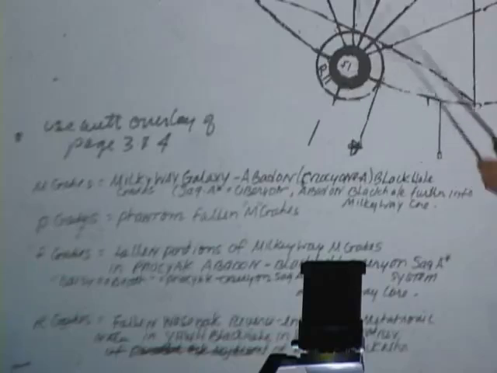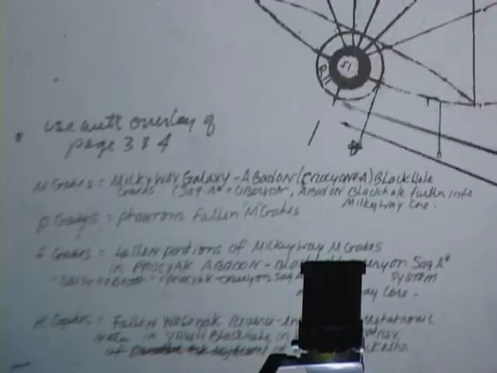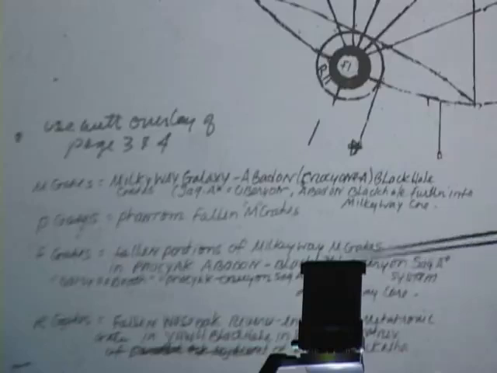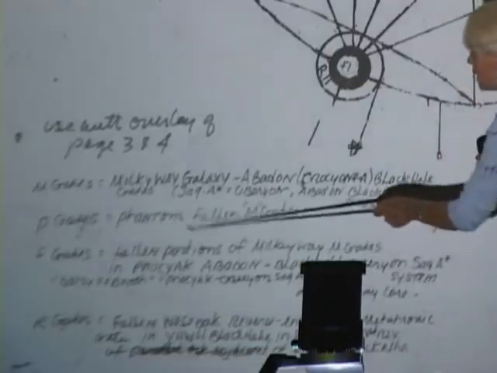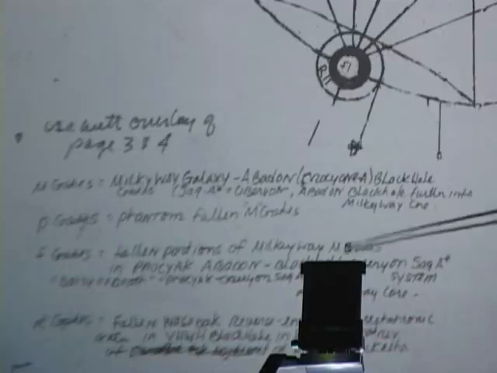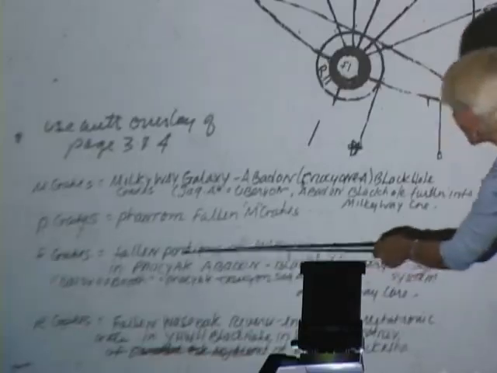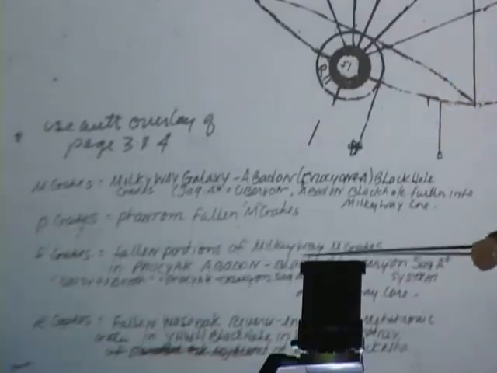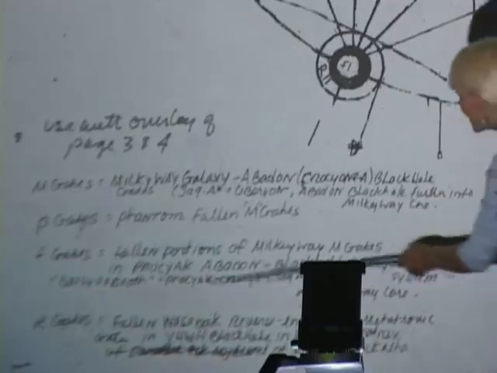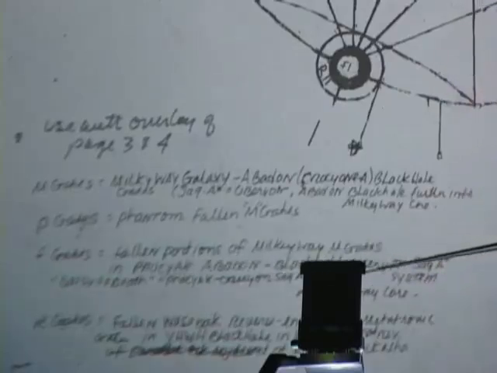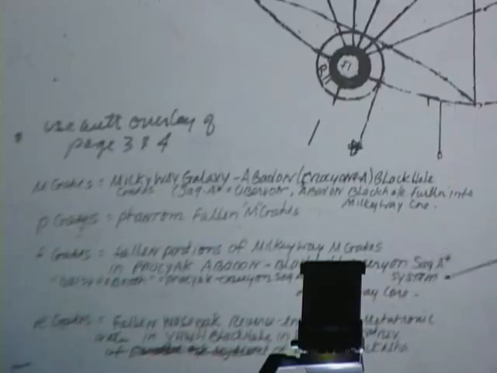The M gates are the ones that correspond to stars and grids that are connected into there. Then we have P gates. These are phantom fallen M gates, which means they're reversed, but they're still on this side and have not been pulled in yet. Then we have F gates. These are fallen parts of Milky Way M gates in the Procyon Abaddon black hole system, Oberon Sagittarius A system. So there are layers.